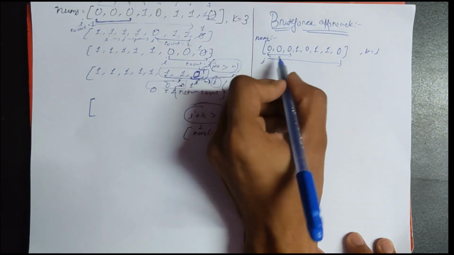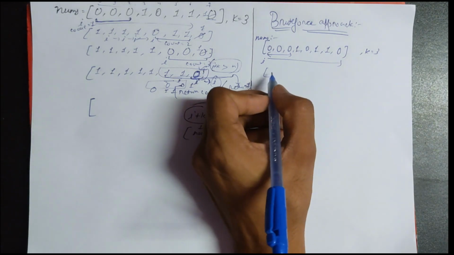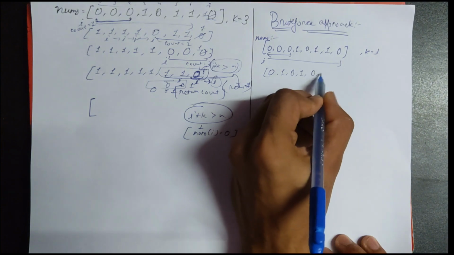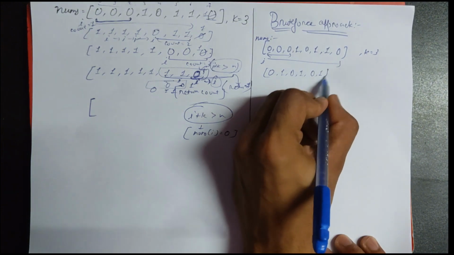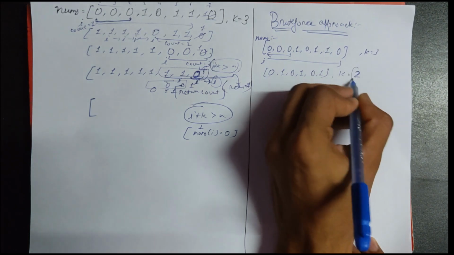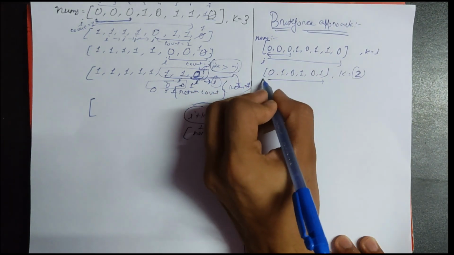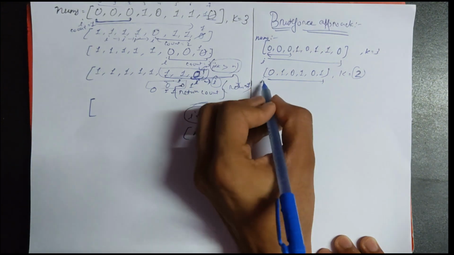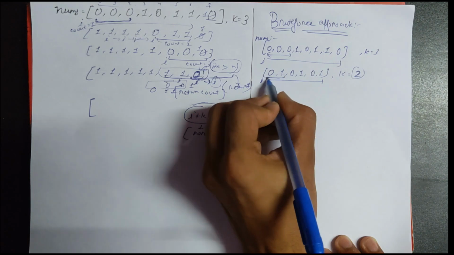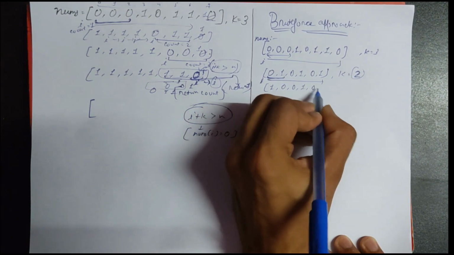So if our array was something like 0 1 0 1 0 1, let's assume k equals 2. We are traversing from left to right, so I is here. As we encounter a 0, we will swap these k elements, so the array will look like 1 0 0 1 0 1.